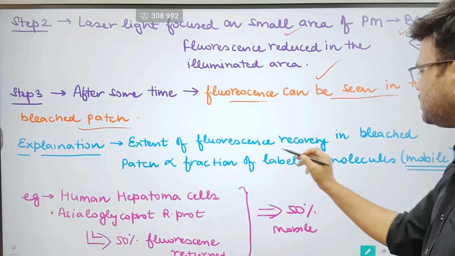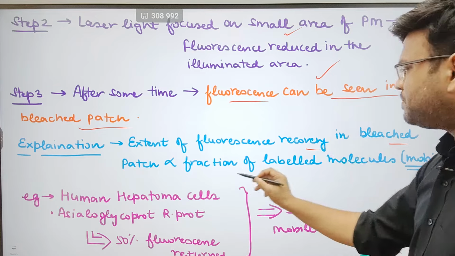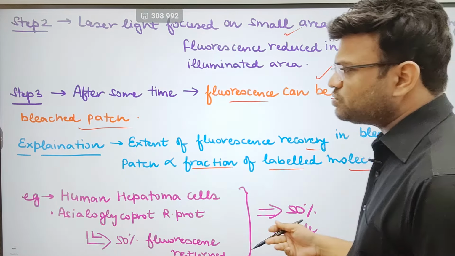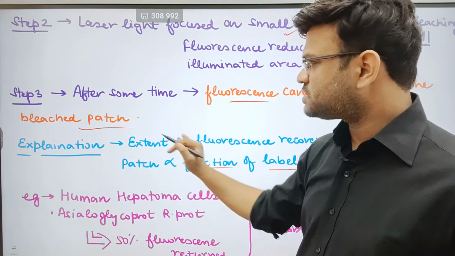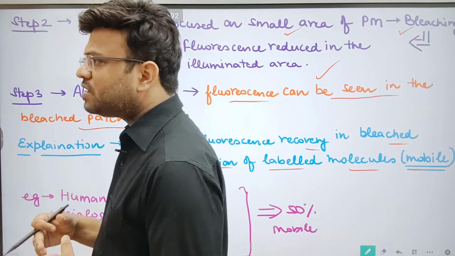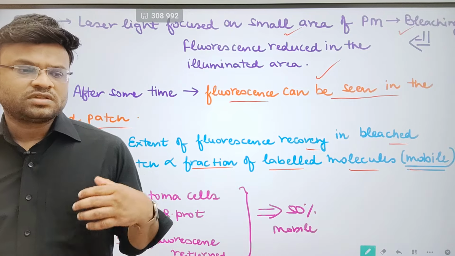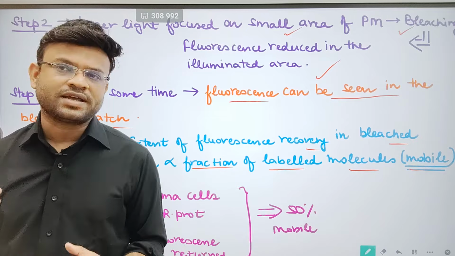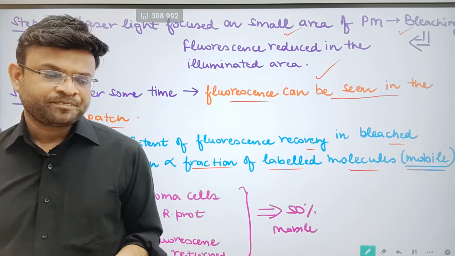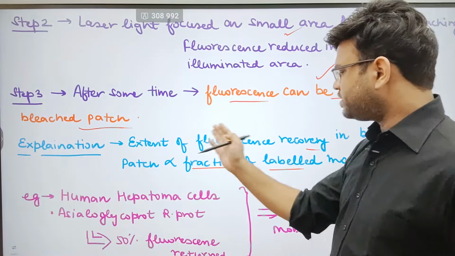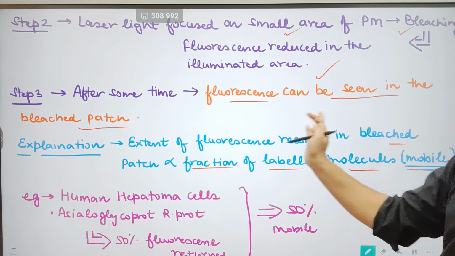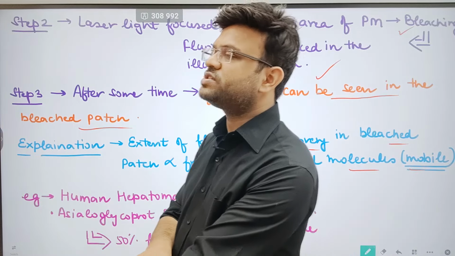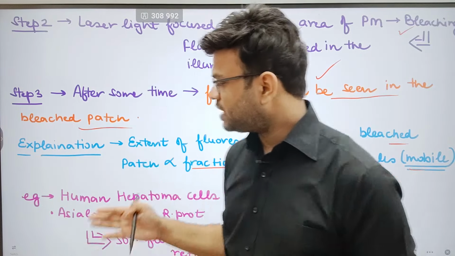Explanation: the extent of the fluorescence recovery in the bleached patch was directly proportional to the fraction of labeled mobile molecules. I have already said that the fluorescence recovery would be directly proportional to the number of components that have a mobile nature. The fraction of the labeled or mobile molecules determines how much fluorescence recovery would be there.